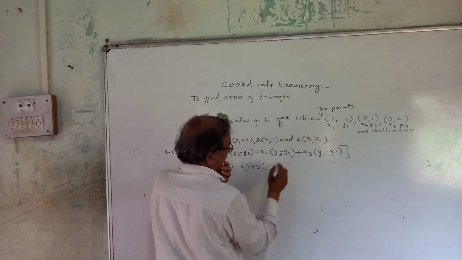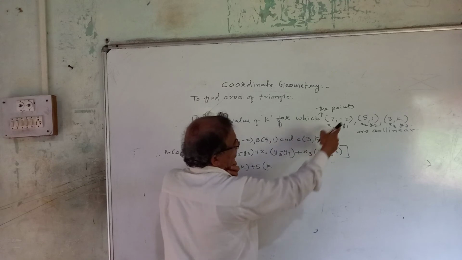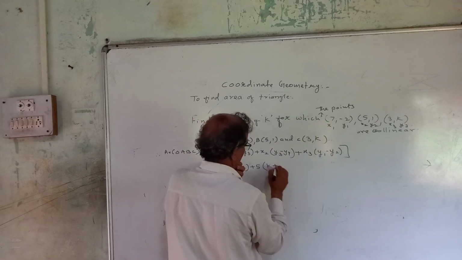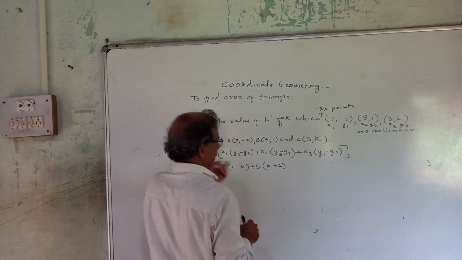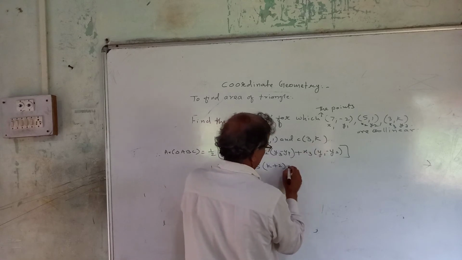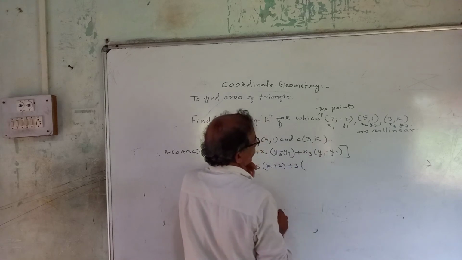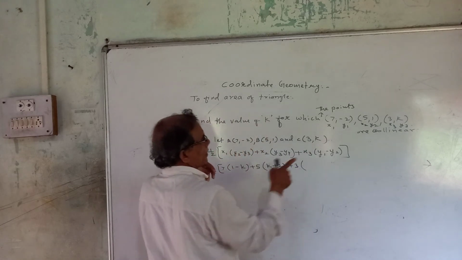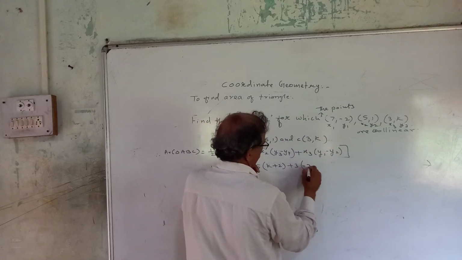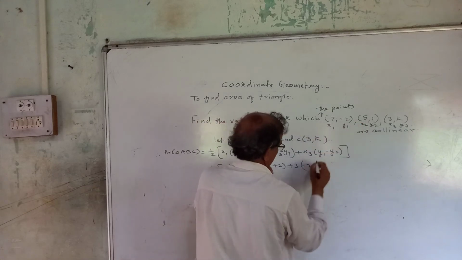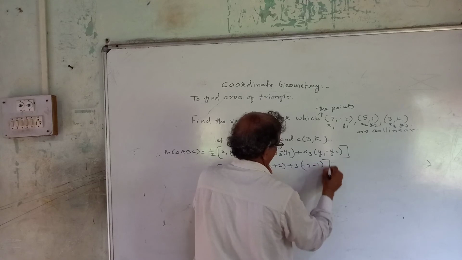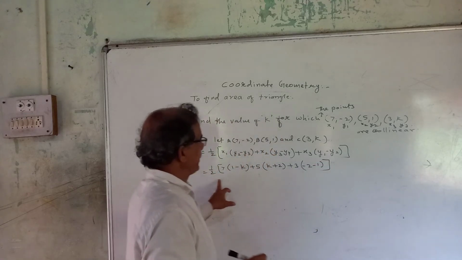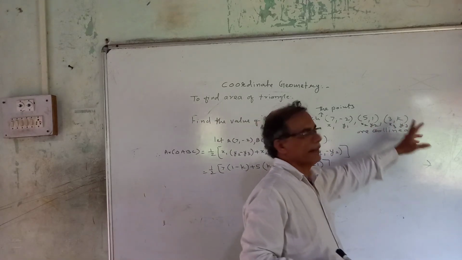So y3 is k minus y1. y1 is minus 2, so that will become plus 2. Plus x3 means how much? 3 into y1 minus y2. So y1 is minus 2 and y2 is 1 means it is minus 1. So this will be the area of the triangle formed by these 3 points.